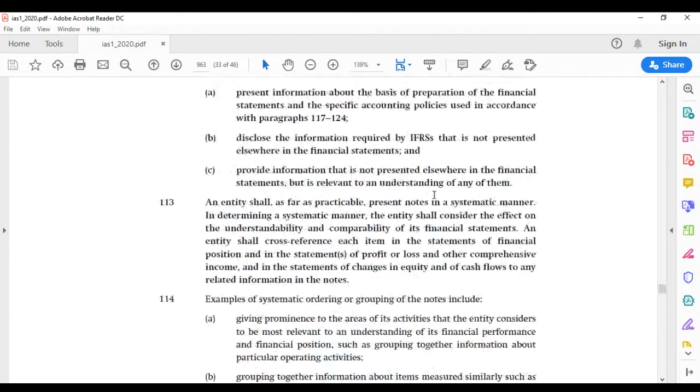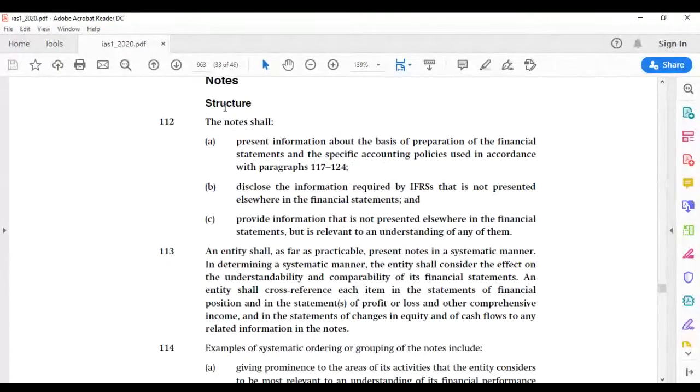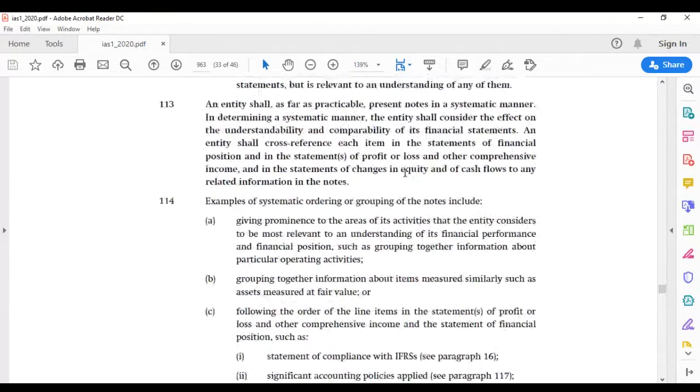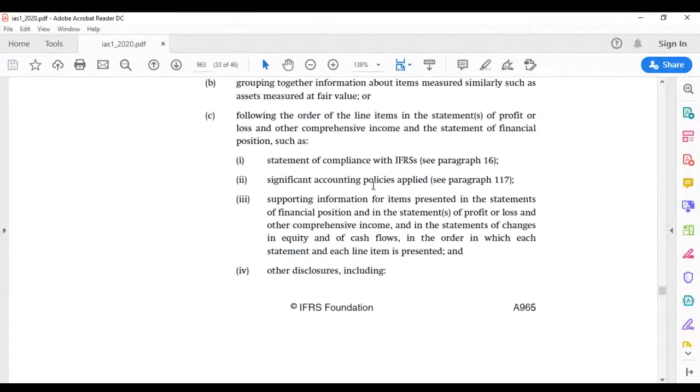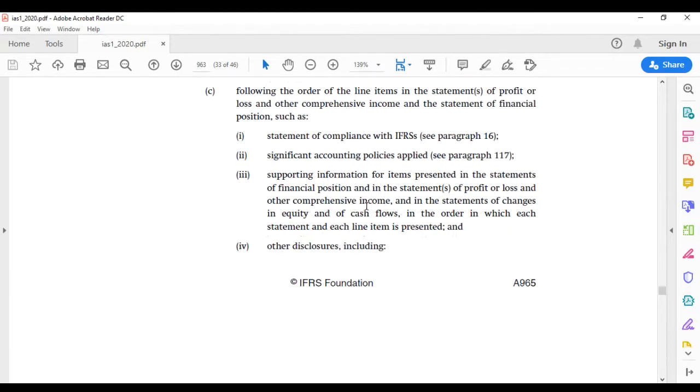If I can just go back here, under the structure of the notes, they say the note shall present information about the basis of preparation of the financial statements. So that will be under our accounting policies note. We're going to give that note a name. So let's say number 2 is our accounting policies, then 2.1. The first note under our accounting policies, number 2.1, is going to be basis of preparation.